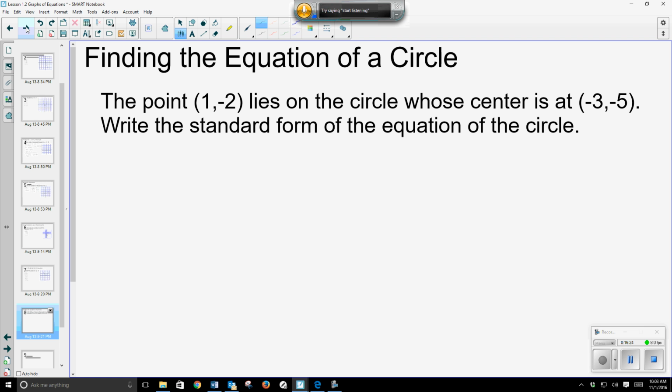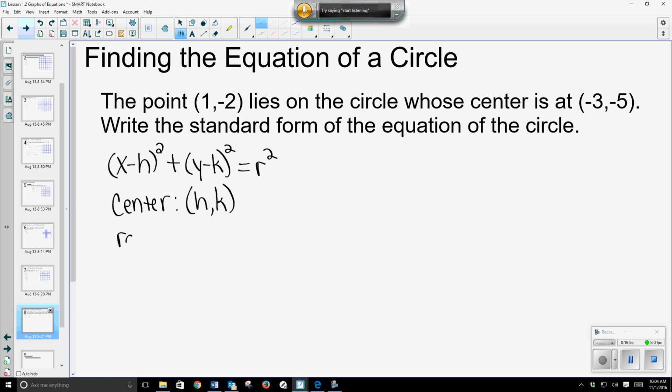The standard form is x minus h, in parentheses, squared, plus y minus k, in parentheses, squared, is equal to r squared. So standard form of the equation of a circle. You saw it in geometry. I hope you saw it in Algebra 2. The center of this circle is h and k.